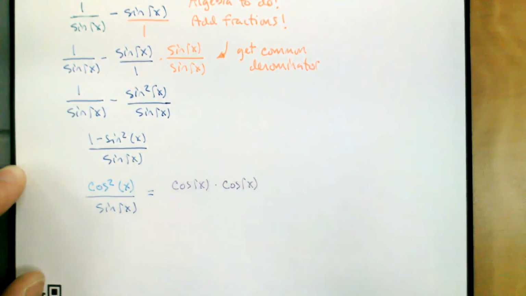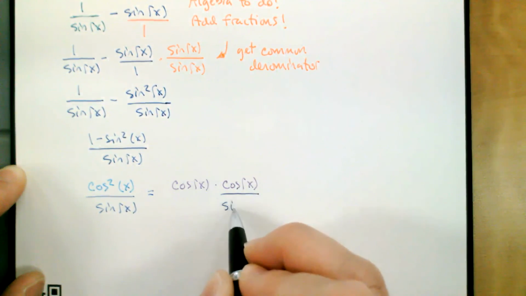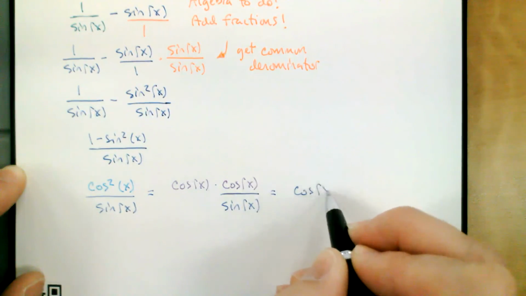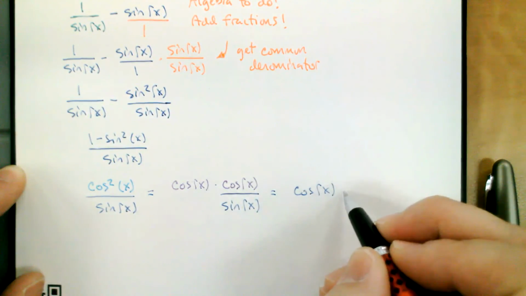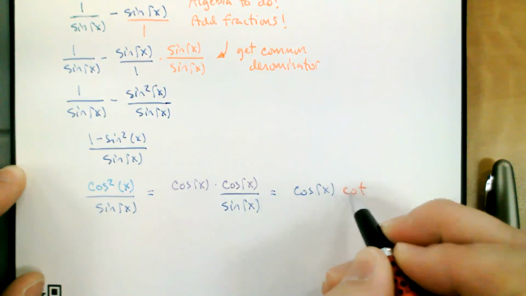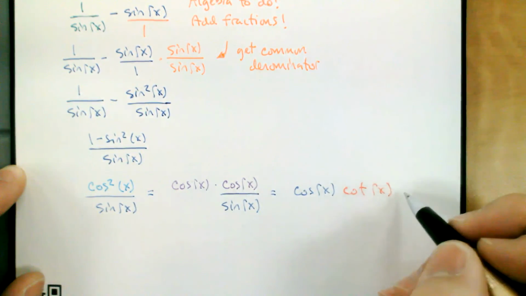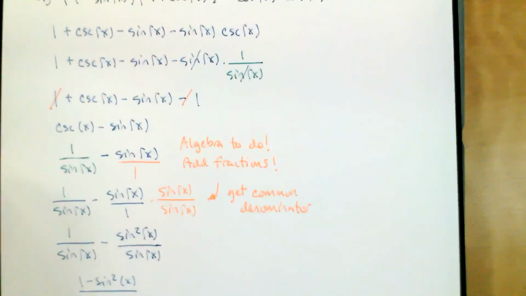That's what cosine squared means. And this is all being divided by sine x, which means I can just divide one of them by sine x. And that gives us cosine x times cotangent x, which was the whole point in the first place. That's what we were trying to write.